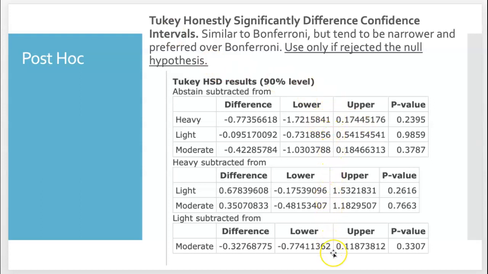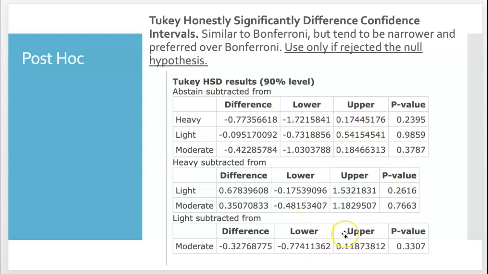So there's nothing really exciting about this result, because upon further inspection, when I compare each pair, there's 0 in all of my intervals. If 0 is in your interval, then we cannot conclude that there's a significant difference between these pairwise means. Maybe there's some evidence when we're doing abstain and heavy, but we can't be too certain.